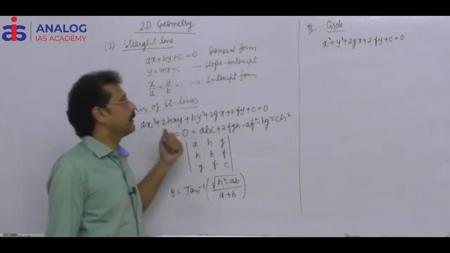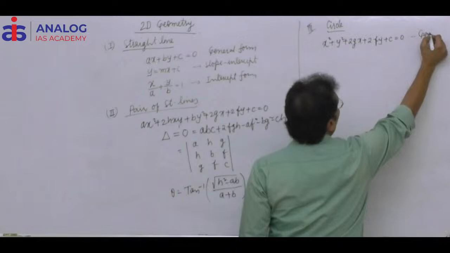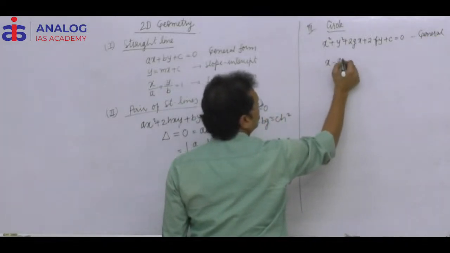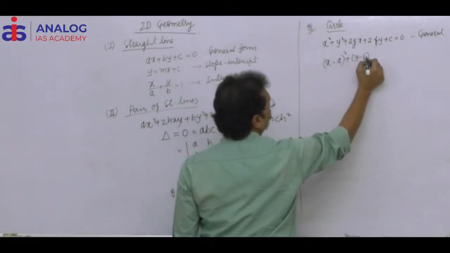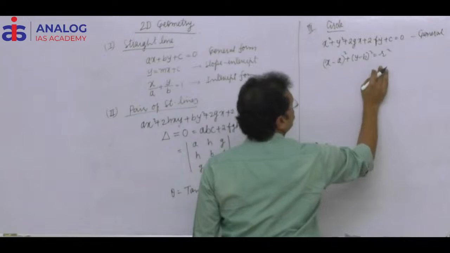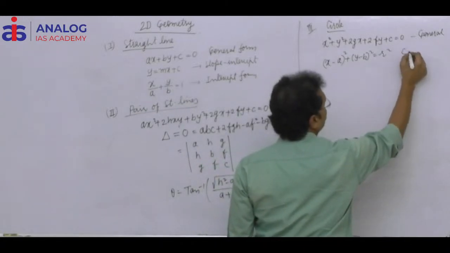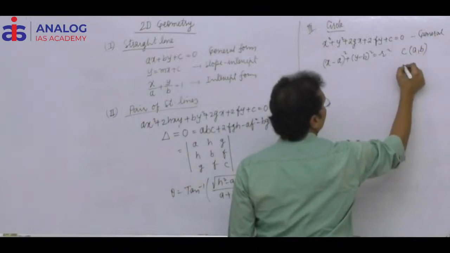Anyway, this is also called the general form. Next, x minus a whole square plus y minus b whole square equal to r square, where the center is (a, b) and the radius is r, obviously.